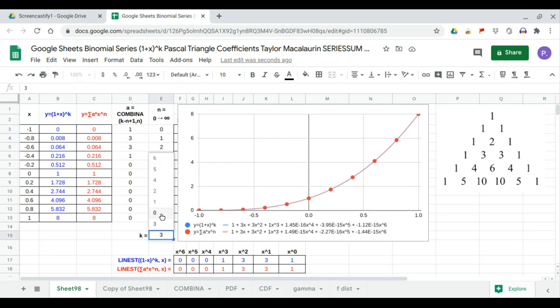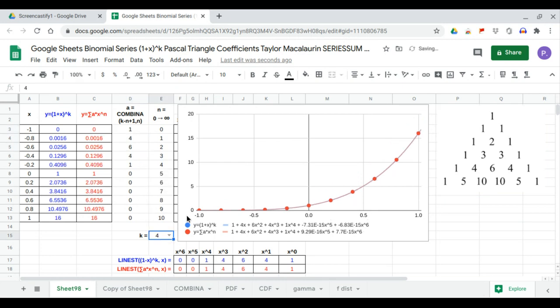At k equals 4, our polynomial is 1 plus 4x plus 6x squared plus 4x cubed plus x to the fourth. This regression coefficient matches our expansion coefficient and the Pascal triangle 1, 4, 6, 4, 1.